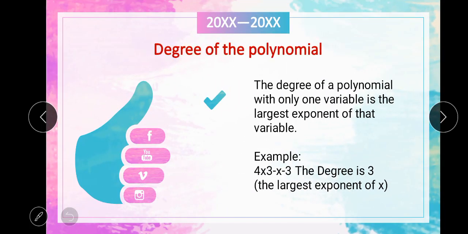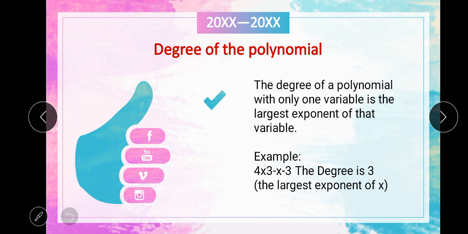Now let us know about the degree of a polynomial. The degree of a polynomial with only one variable is the largest exponent of that variable. As you can see in the example 4x cube minus x minus 3, here the degree is 3 because the largest exponent is 3.